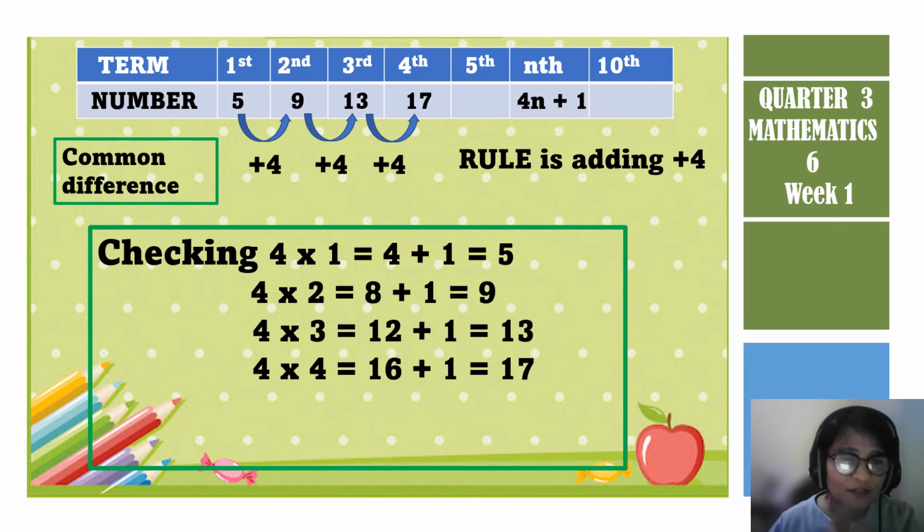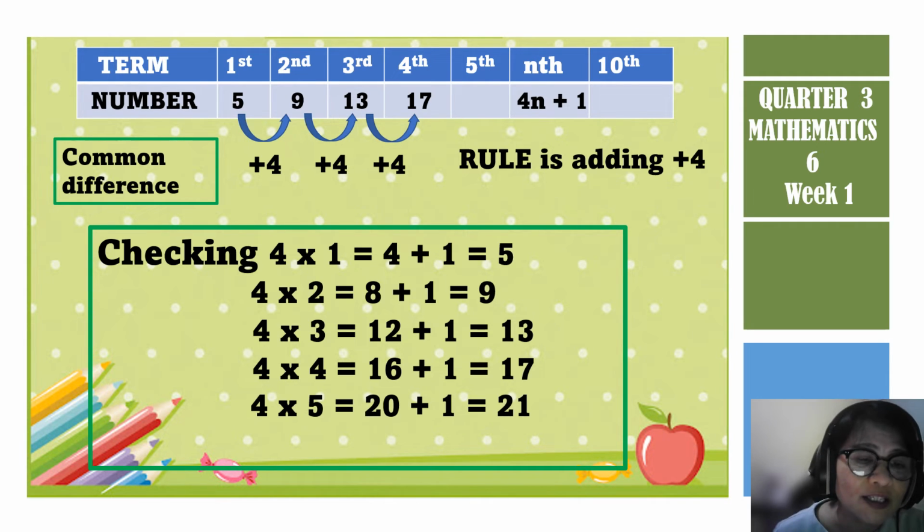So, we can easily find the fifth term using our formulated rule. So, 4 times 5 is 20 plus 1. Therefore, our answer on the fifth term is 21.